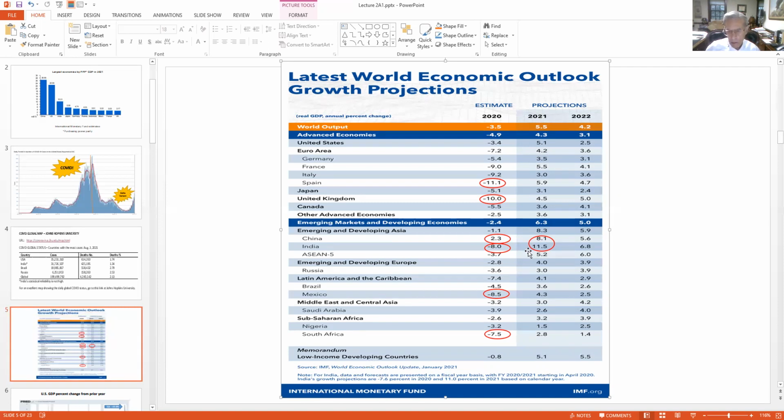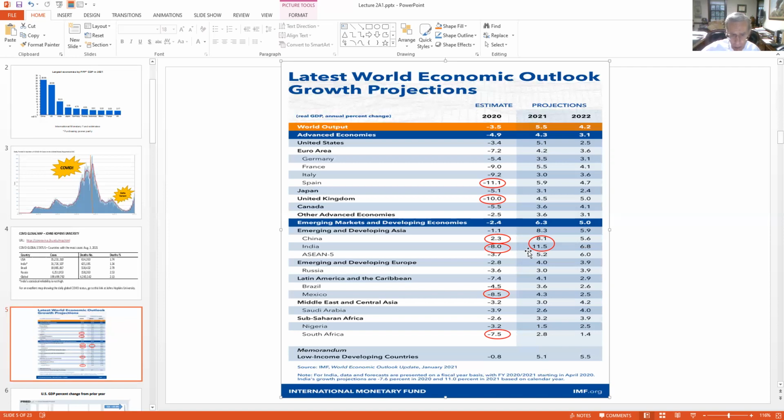However, more recently, the IMF has recognized that India is really wrestling with this Delta variant, and its forecast now is closer, I believe, to 8%. So these numbers are being revised as we see changes in the Delta variant and the way it is occurring.